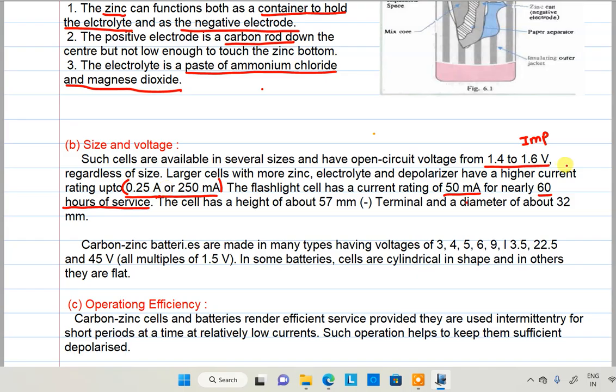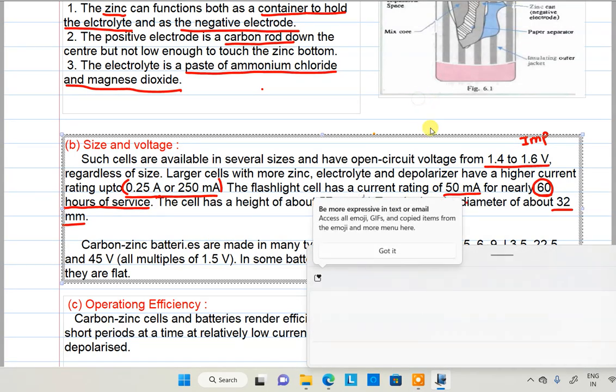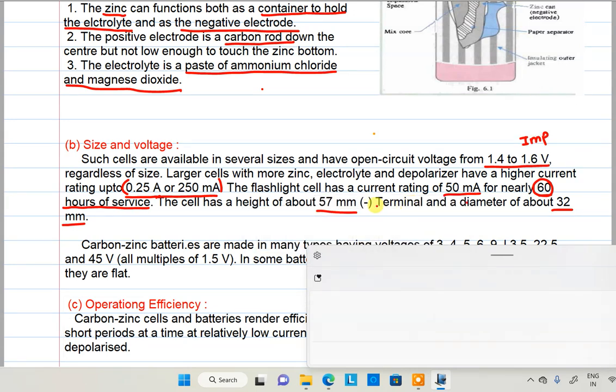That means how long it can be used: at 50 milliamperes in a flashlight, we can use it for 60 hours. That is the discharging period. The cell has a height of about 50 mm with the negative terminal and a diameter of 32 mm.